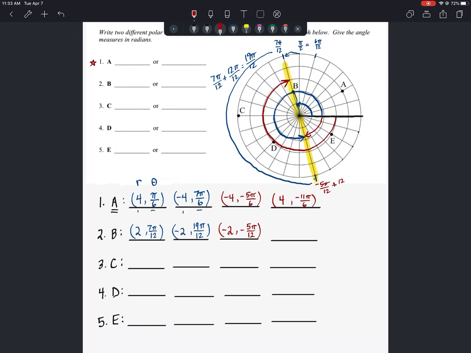When you add that 12 twelfths, which remember is like a negative 12 twelfths because we're going in the negative direction, we're going to have a negative 17 pi twelfths. So that is our other negative angle, negative 17 pi twelfths. And because we're over here, this ray comes out and contains B, so our B is going to have a positive radius, a positive 2.